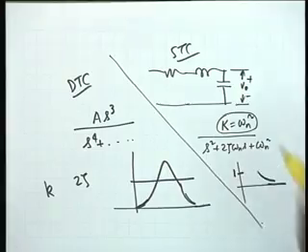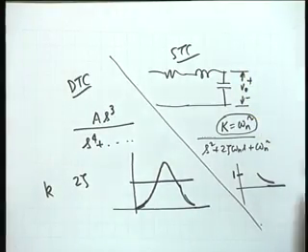In the case of a single tuned circuit with output taken, I am repeating this, output taken across a capacitor. If the output was taken across the resistor, situation would have been quite similar to here. You would have got a band pass response, truly band pass response, and there would have been a maximum.